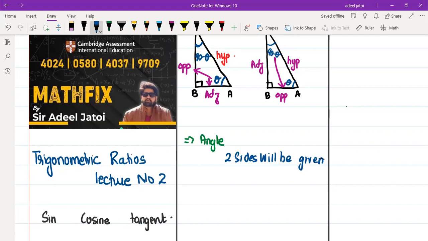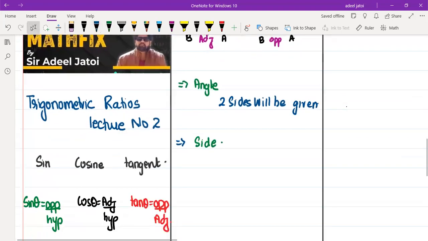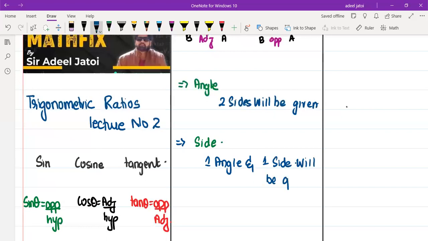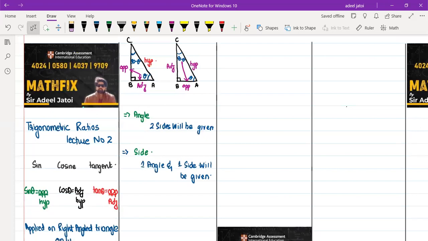Whereas for a side, one angle and one side will be given. That means if the examiner is asking anything about the trigonometric ratios, for an angle, two sides will be given, and for a side, one angle and one side will be given.